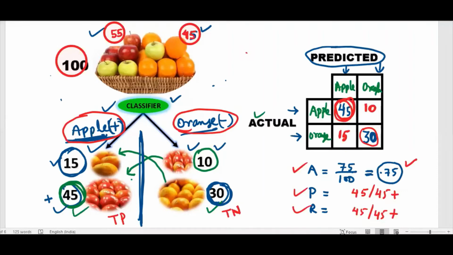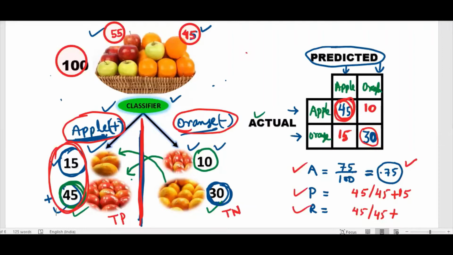Now, when we talk about precision, you have to see the side. The classifier divided into two parts. According to the classifier, these are the apples. So what percentage is really apple? That is your precision. So I'll write 15 here. So remember, what is precision?